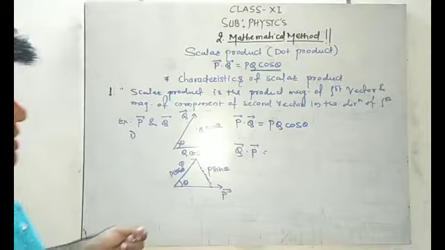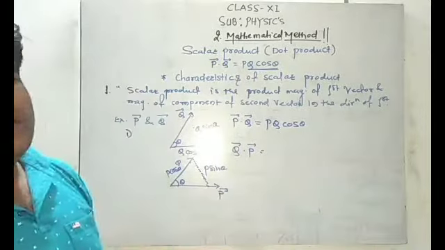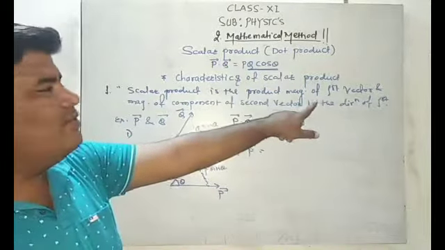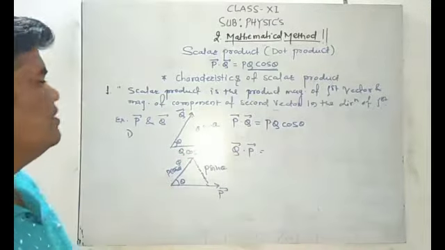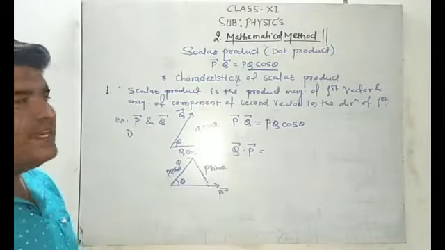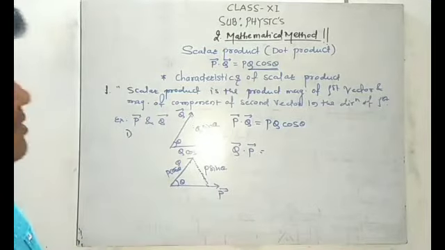So the scalar product is the product of the magnitude of the first vector and the magnitude of the component of the second vector in the direction of the first. This is the first characteristic of a scalar product.